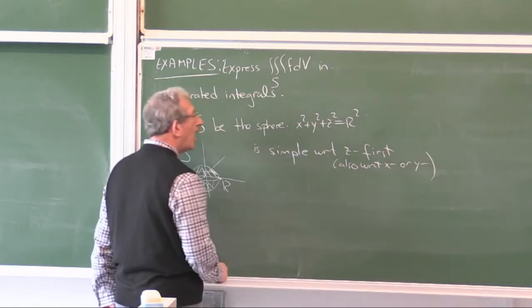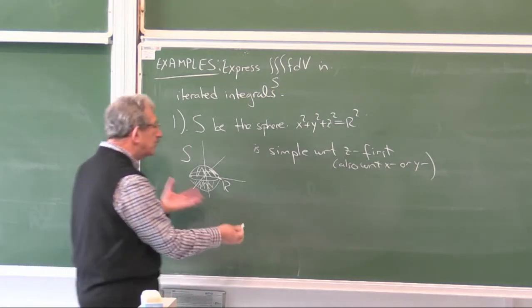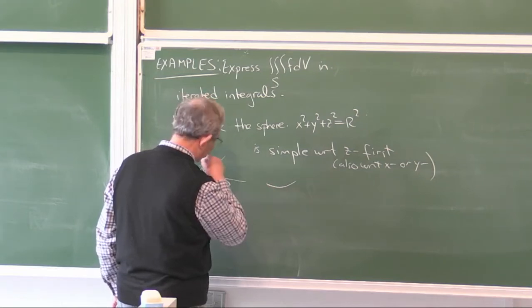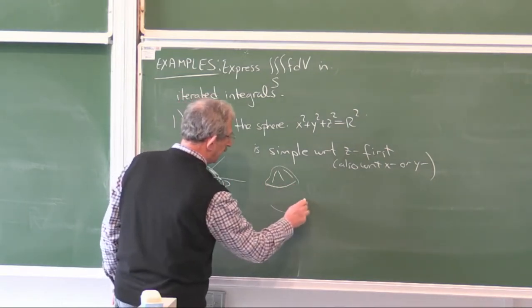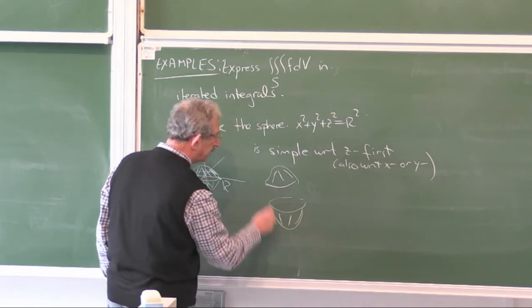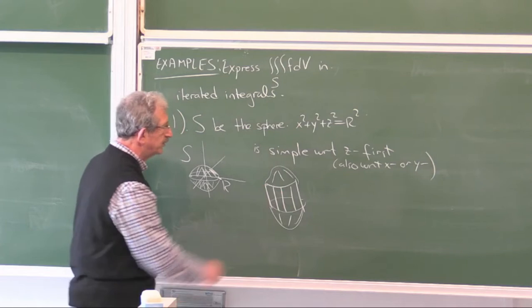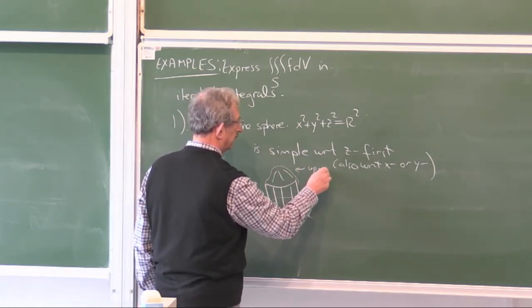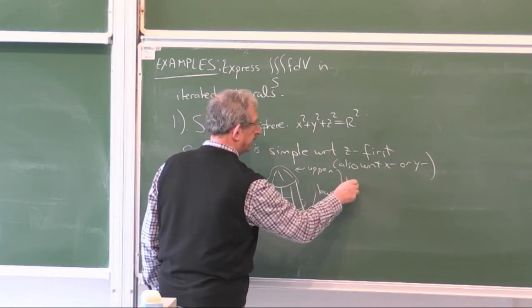How? Well, you have an upper and a lower surface, as we already had. You have some surface at the top, and you have a surface at the bottom. The sides are vertical. You exactly have this situation. These are the upper and lower hemispheres.